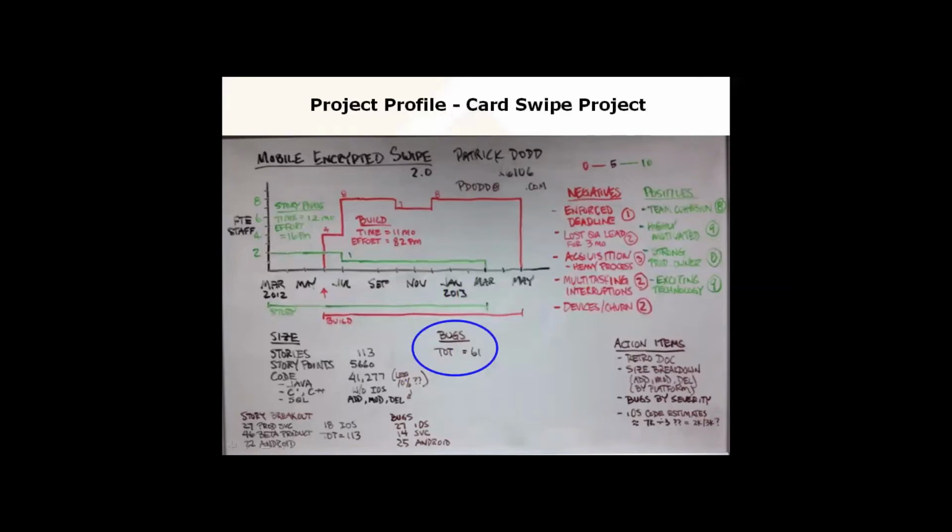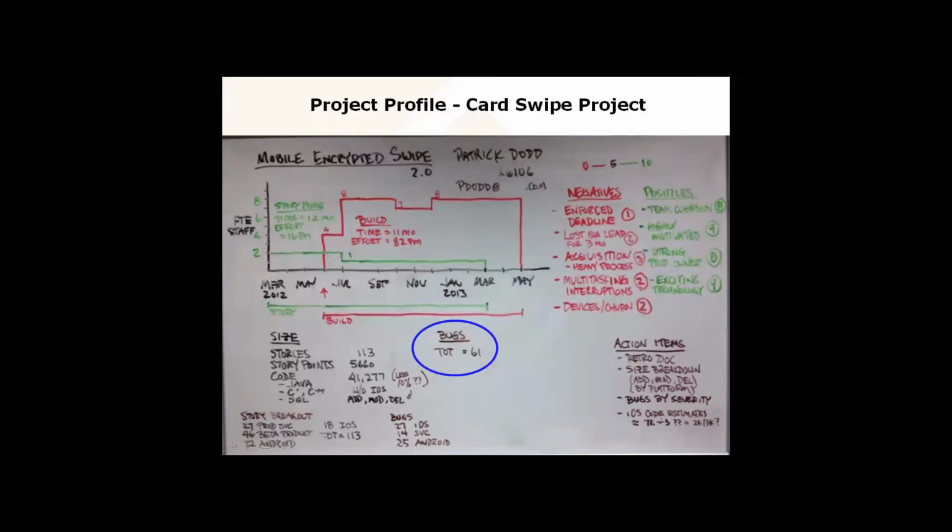And they listed an enforced deadline, losing critical staff, multitasking interruptions, and churn on the actual hardware devices that they were using for the swipe. Those were challenges on the project that might create more rework.